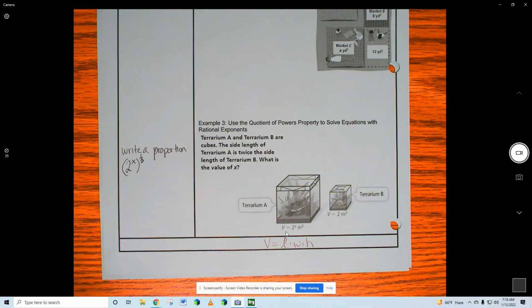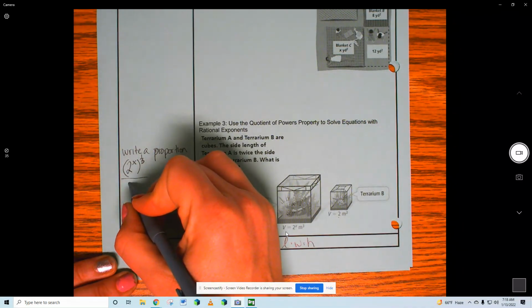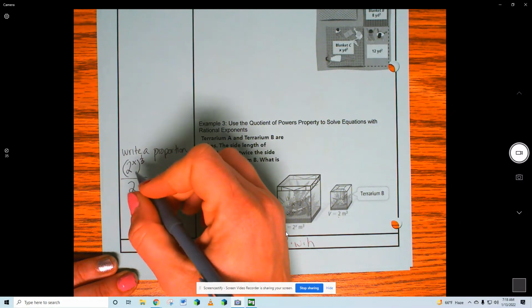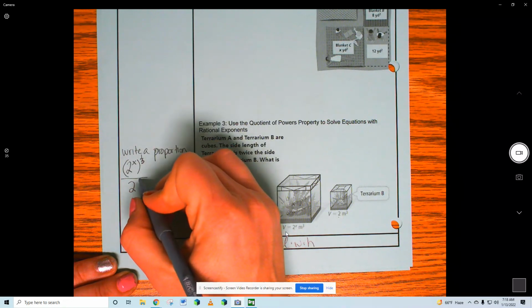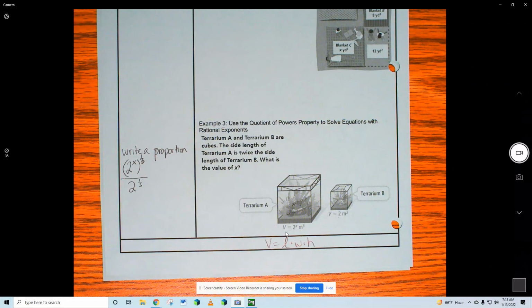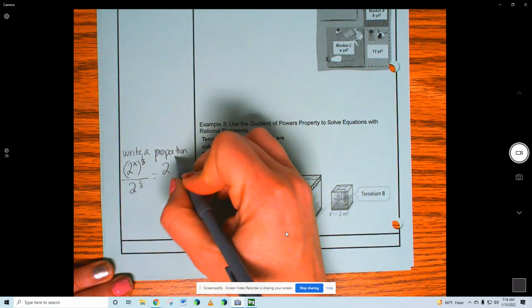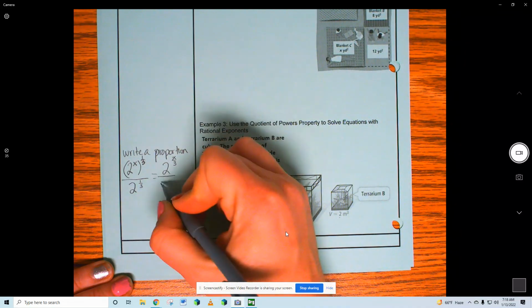Then I'm going to divide that by the other volume is 2. 2 to the 1/3. So this becomes 2 to the x over 3 over 2 to the 1/3.